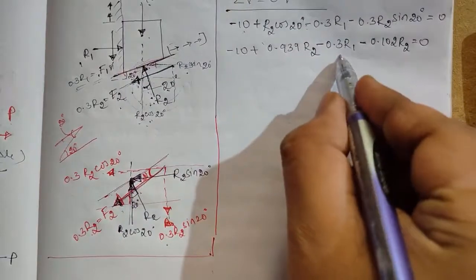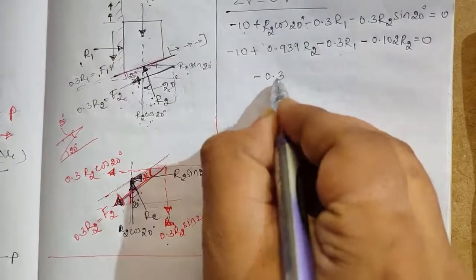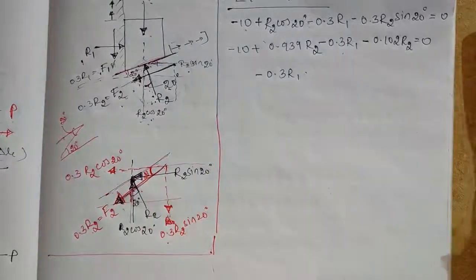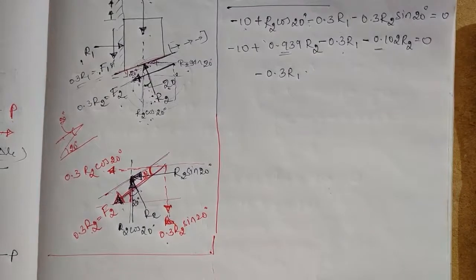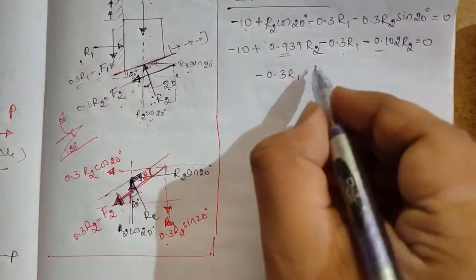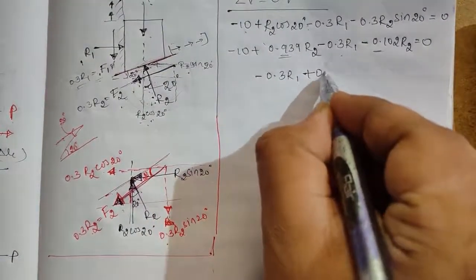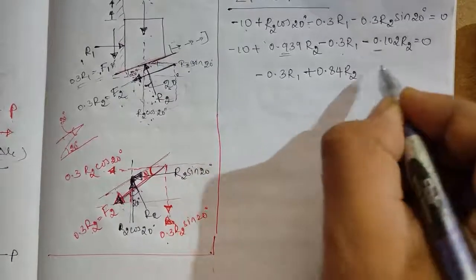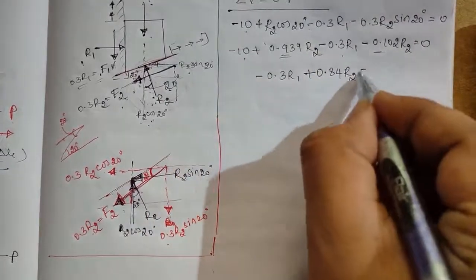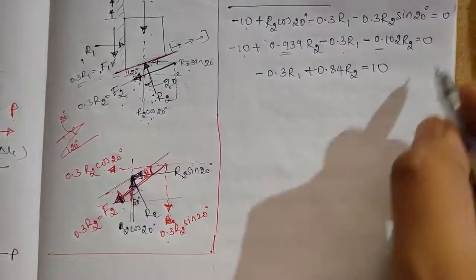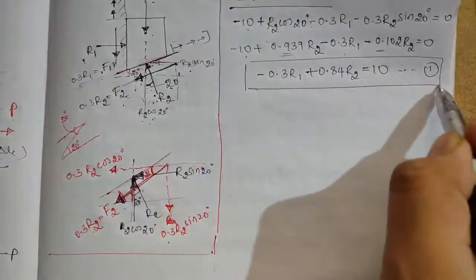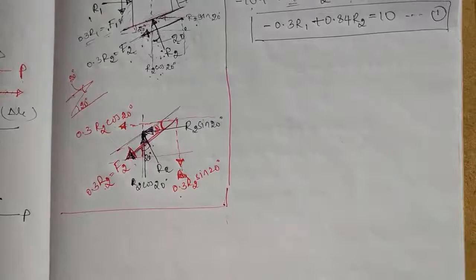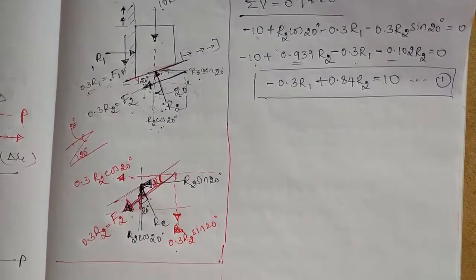Then I take minus 0.3 R1 and subtract: 0.939 minus 0.102 is 0.84, so plus 0.84 R2. The 10 goes to the other side and becomes plus 10. I'll take this as equation 1: minus 0.3 R1 plus 0.84 R2 is equal to 10.